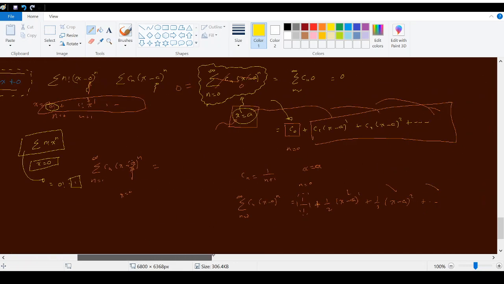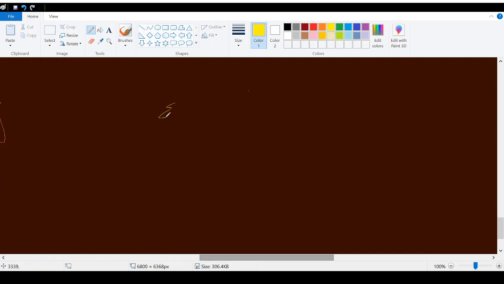And generally, if you consider any power series, that power series will converge for its center value, right? Because when you substitute the center value, you will only get C0 as the answer.